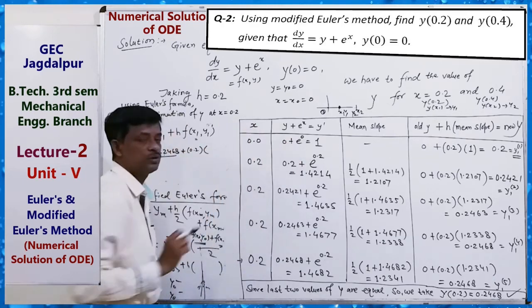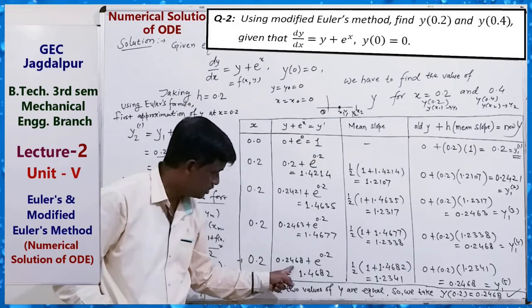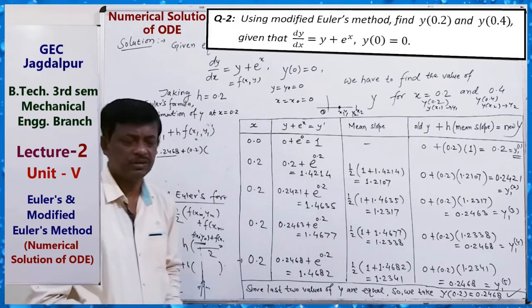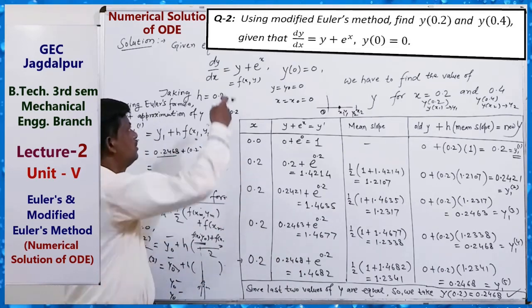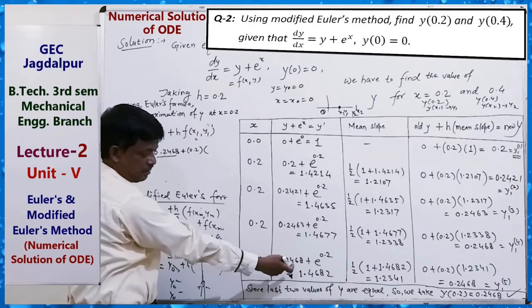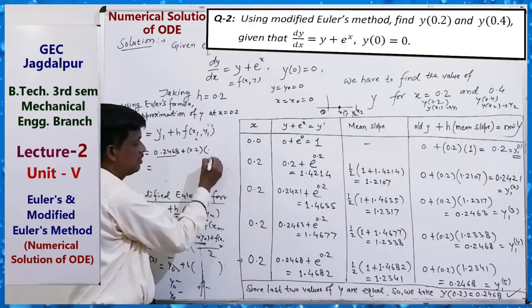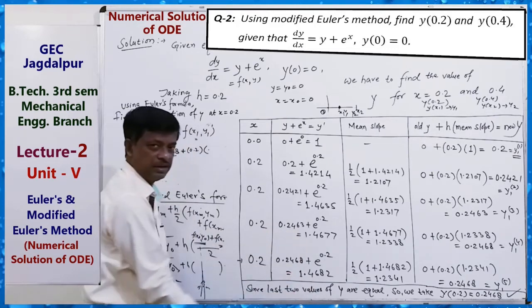How can we get the slope? From the previous value, this, plus e to the power 0.2, this will be the value. Just you can use this value here. Also here you can write 0.2468 plus e to the power 0.2.